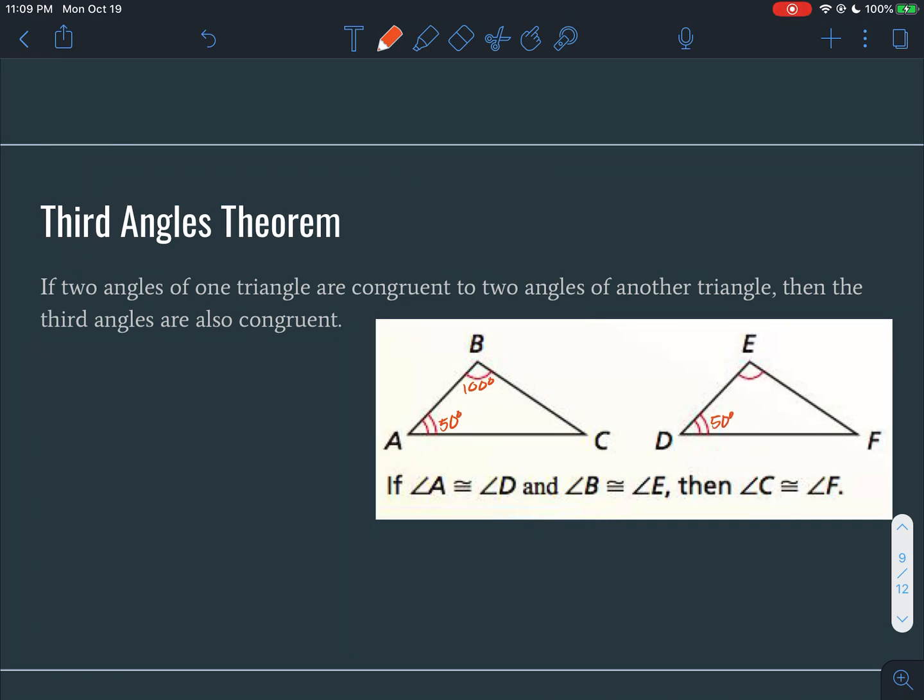So, these are congruent. That would also be 50 while this is 100. Well, to solve for the angles of a triangle, I just say that angle A plus angle B plus angle C equals 180. So 50 plus 100 is 150.